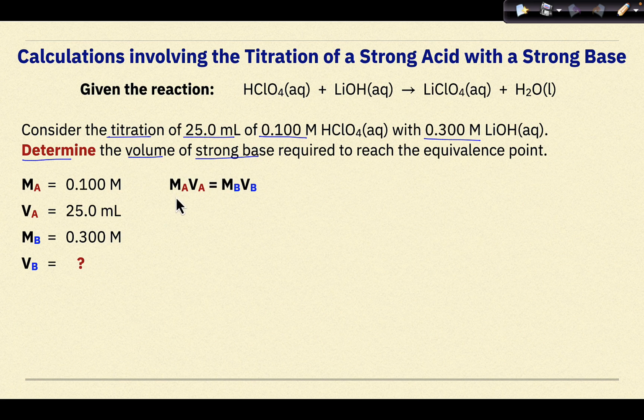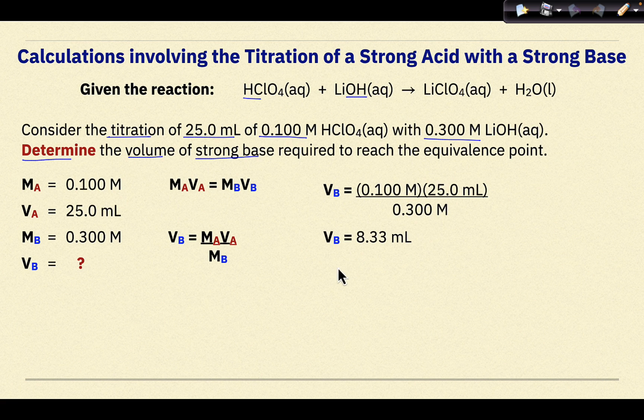So we'll start with our general formula of MAVA is equal to MBVB, and looking at the mole ratio of hydrogen to hydroxide, that's in a 1:1 mole ratio, so we do not need to adjust our formula. We will rearrange this formula to solve for the volume of base. The next step is to take the numbers that were given to us in the stimulus and plug them into our formula.